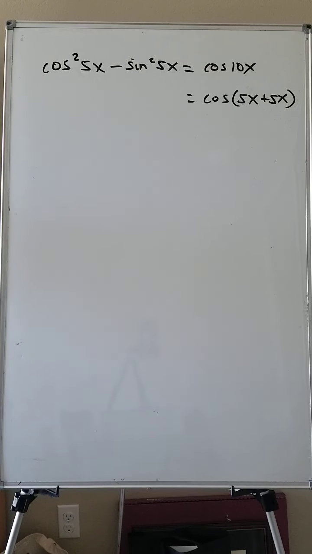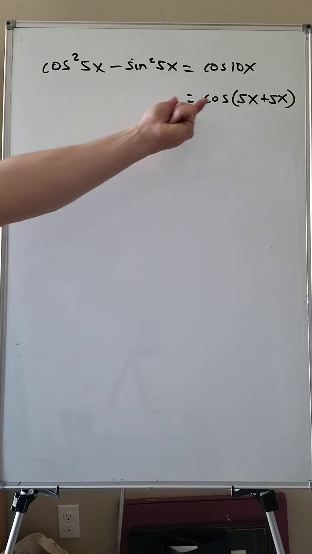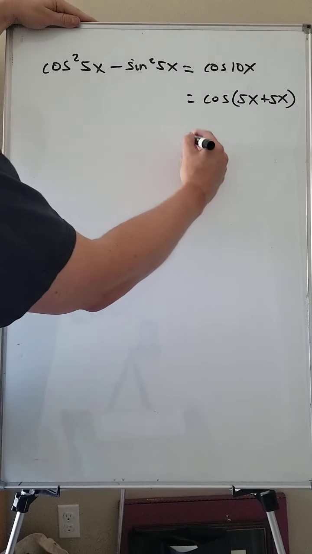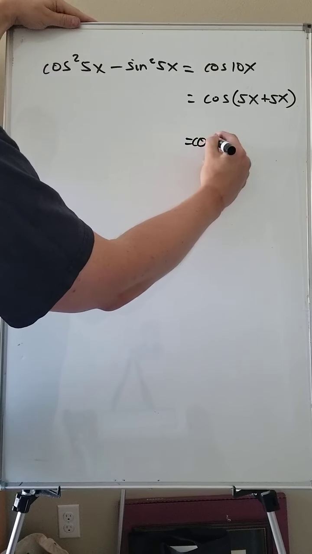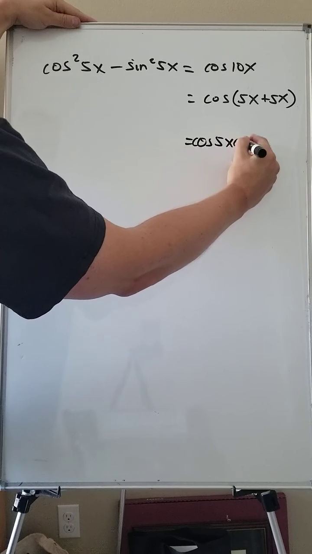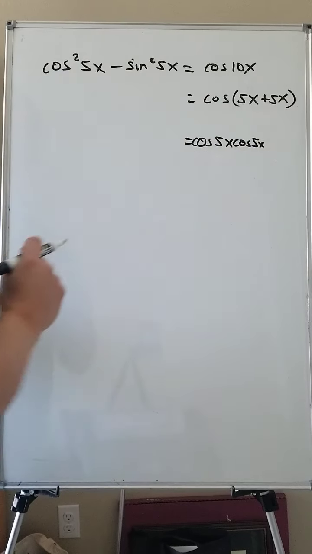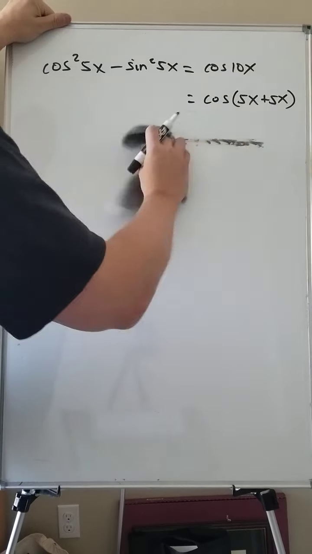And we have a formula for that, right? We have an identity, it's a sum and difference identity, and so this is the cosine of a plus b. So what does the cosine of a plus b look like? Well, remember, that turns into the cosine of a times the cosine of b. Let me rewrite this, I'm running out of room here already.